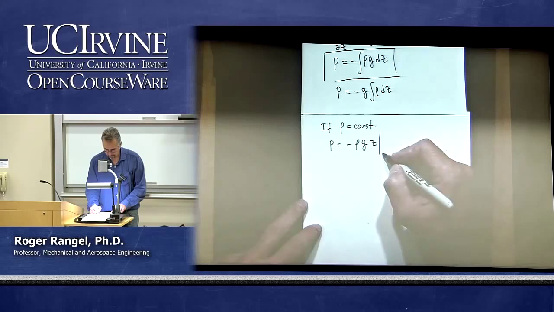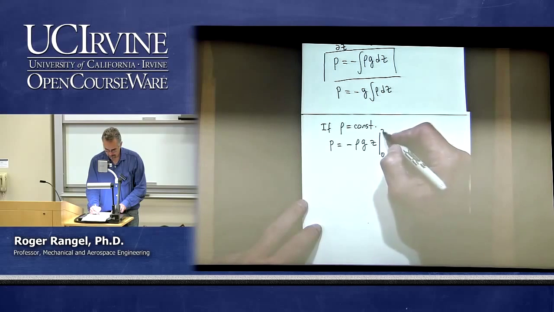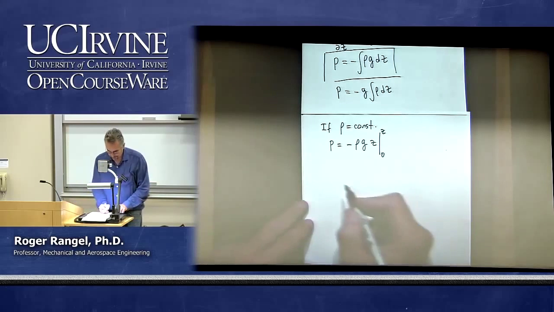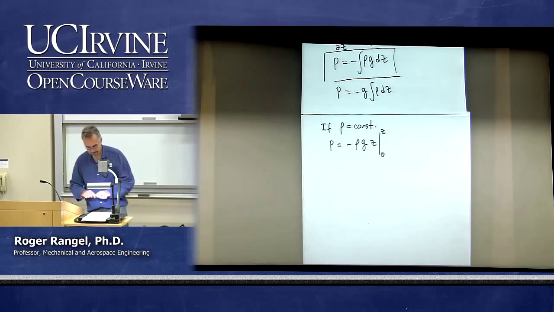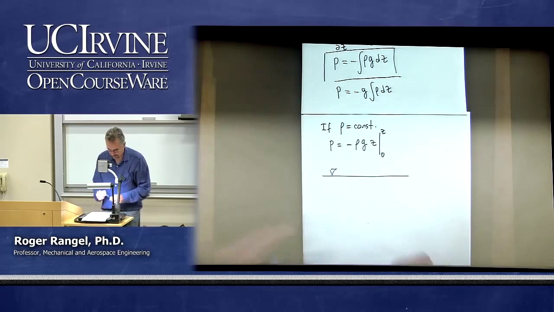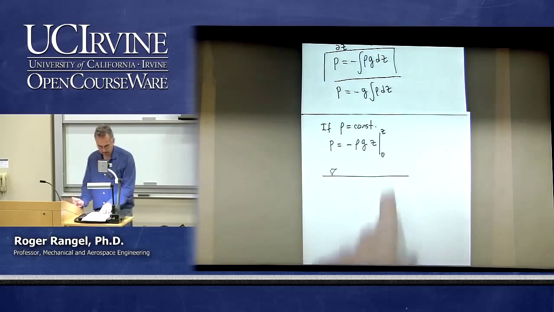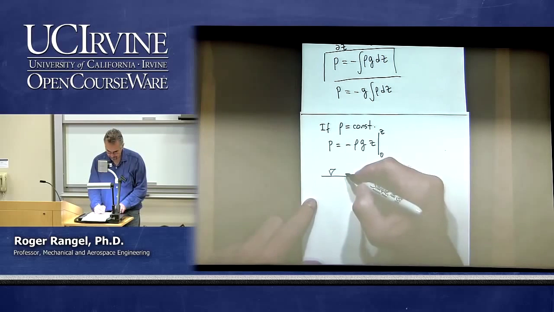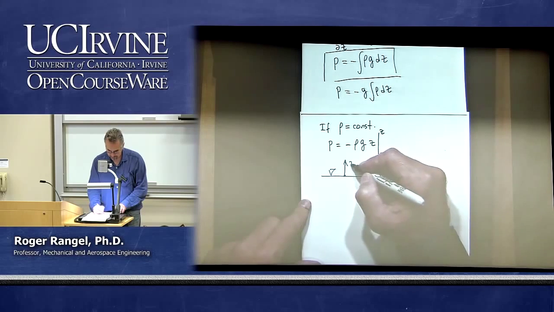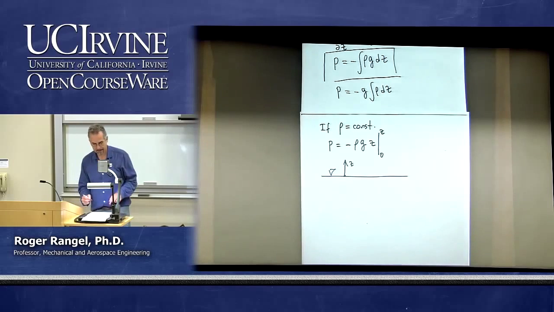You may have to decide where to put the 0 reference level and where to put the z. For example, if you're doing a problem from the surface of the liquid down, then you may want to put your coordinate system here, starting at the surface. But if I make z pointing in that direction, then of course I'm going in the negative z direction.